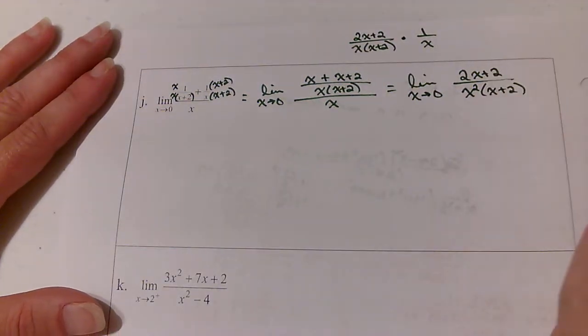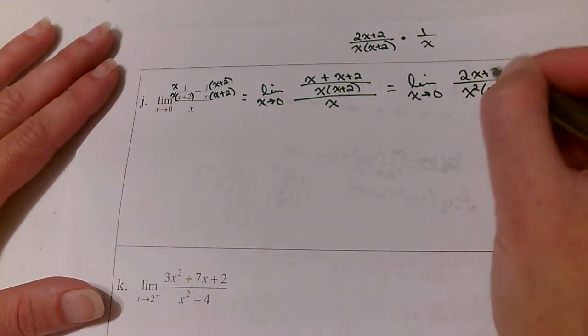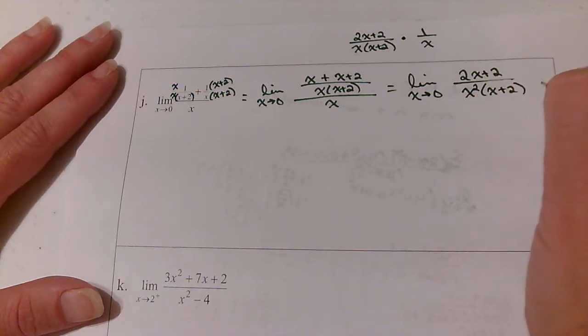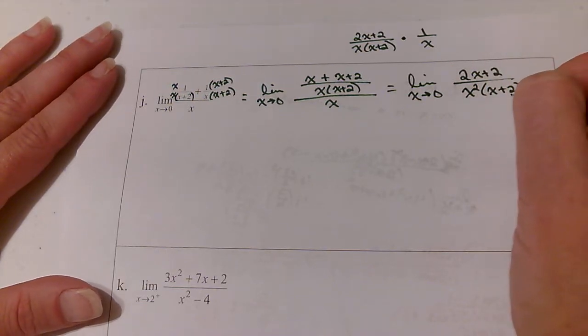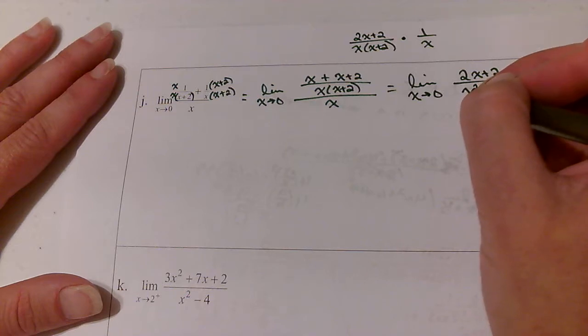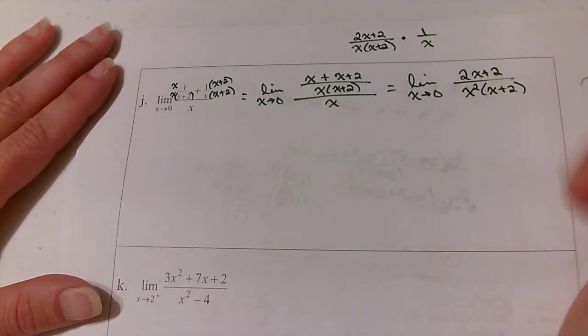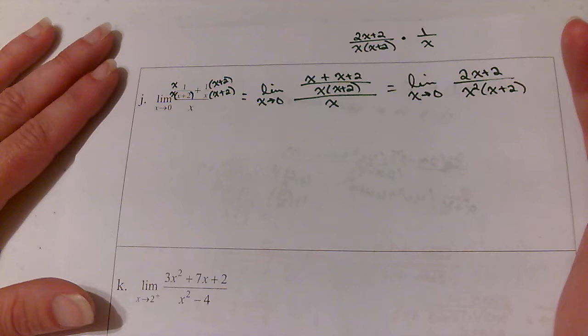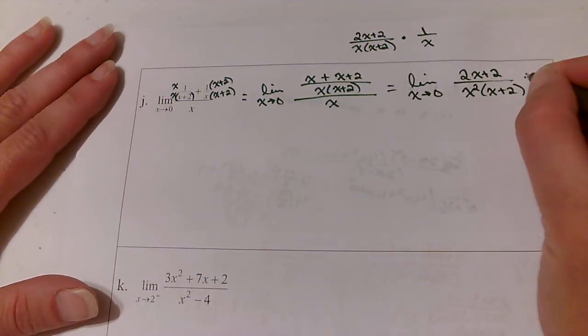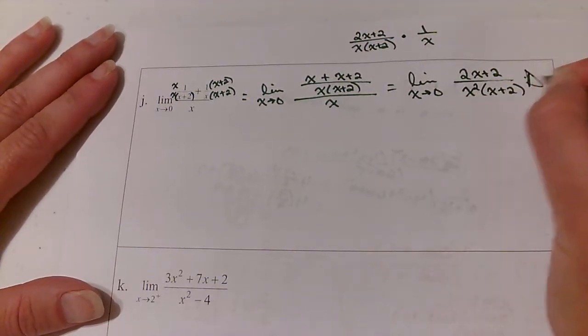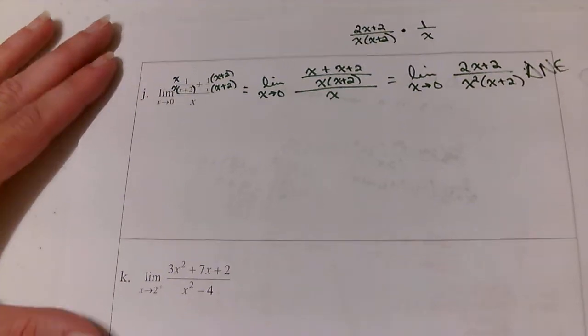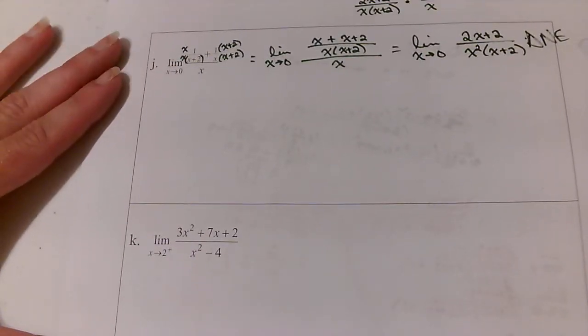Now even if I factor out a 2, that's going to be 2 times x plus 1. Nothing factors out. X squared still in the denominator, so if I plug in a 0, I'm still going to have a vertical asymptote. So does not exist. There's still going to be a vertical asymptote.